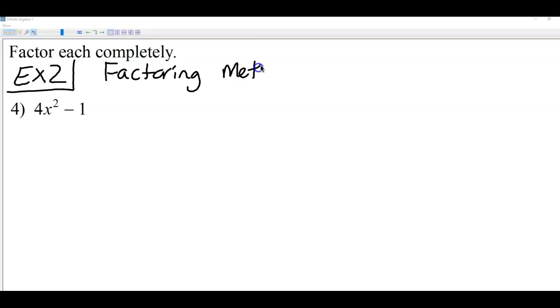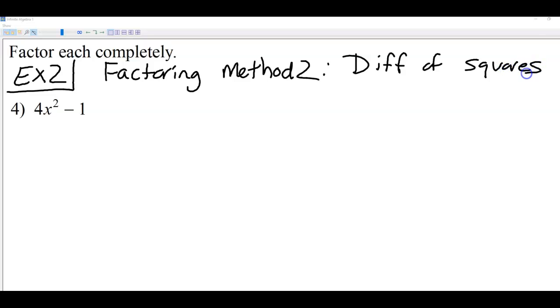The difference of squares. So we'll call this example 2, and we'll say factoring method number 2. It's called the difference of squares.